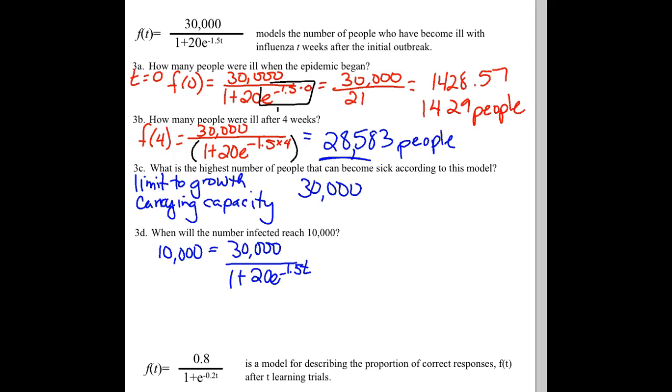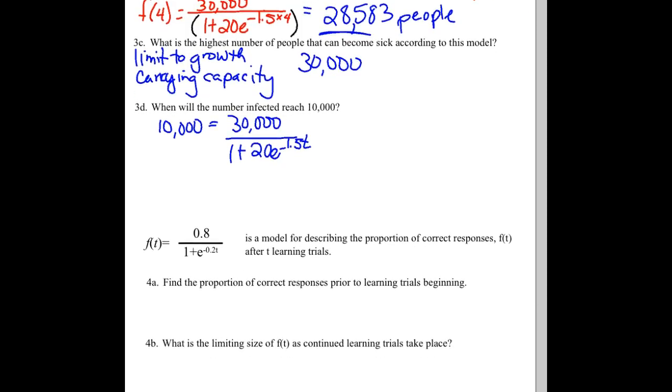Now this one's a little different because the variable we're solving for is in the denominator. We can't leave it there. So can you picture your first step in solving this is to take this denominator and multiply it over to that side? And then can we take the 10,000 that's over there and divide it to the other side?